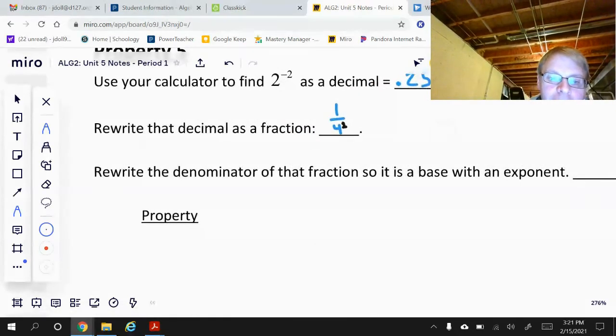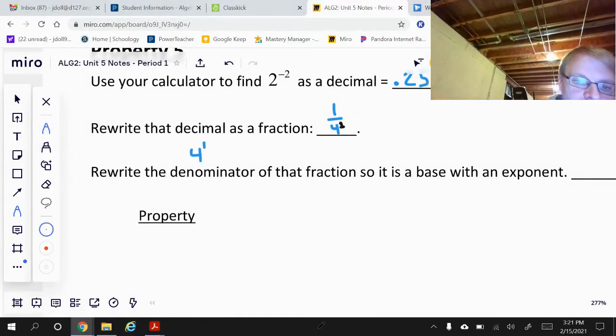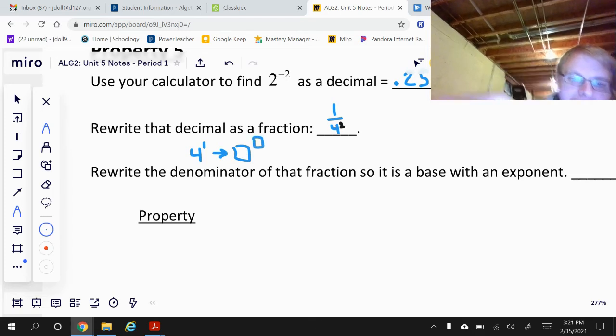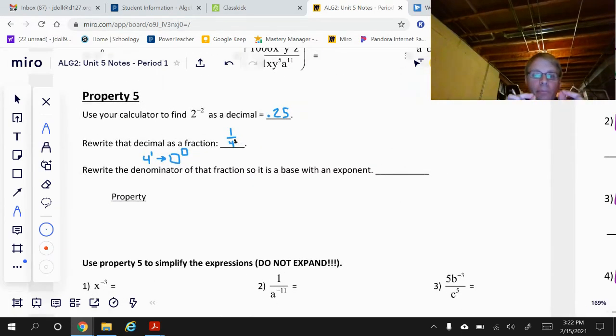So instead of having the denominator be 4 to the first, we want you to change it so that it is a new base, a different base with a different exponent. So think of how you could rewrite and get the same value as 4 to the first, but you need a different base with a different exponent. All right, ready? Pause.